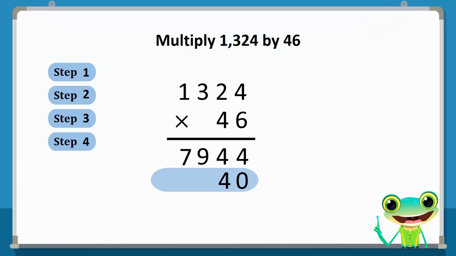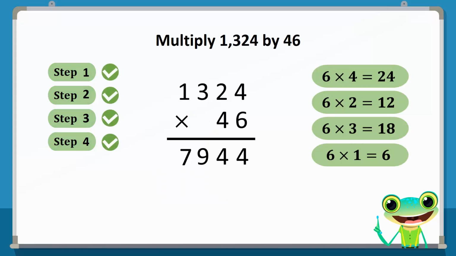Likewise, if the bottom number has a third digit, we will have a third answer line, and we will shift the answer line by 2 zeros to the left, as it will be 100 times bigger than the digits in the hundreds place of the bottom number. We will repeat the same process for numbers having more than 4 digits.